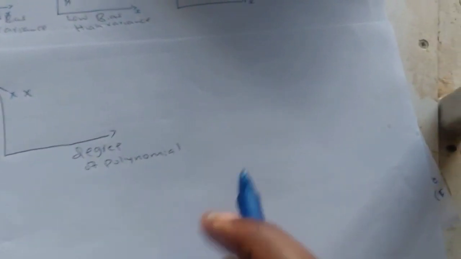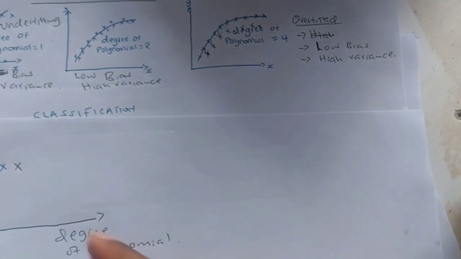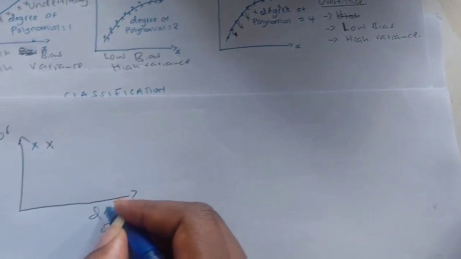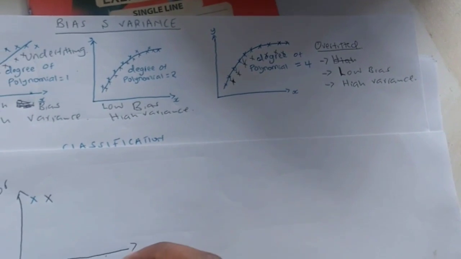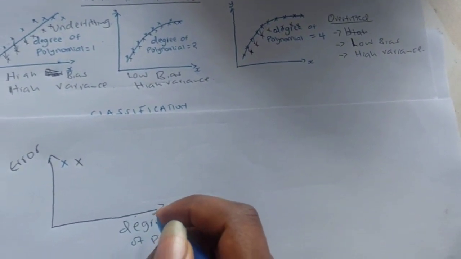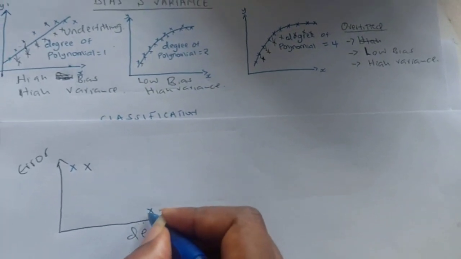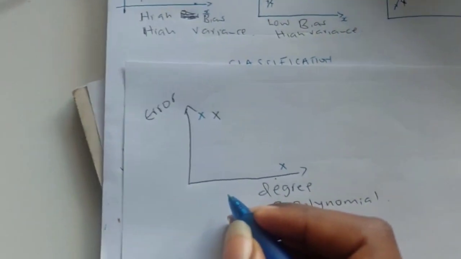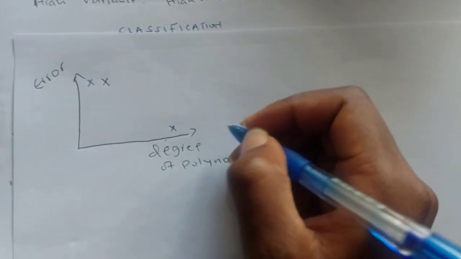Let's go to the one where the degree of polynomial is equal to 4. The degree of polynomial equal to 4 will be around here. It means it has a low bias, a low error in the training dataset. So the low error will be down here. You can see the error is here, so it will have a low error in the training dataset.